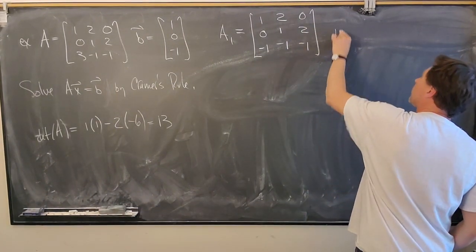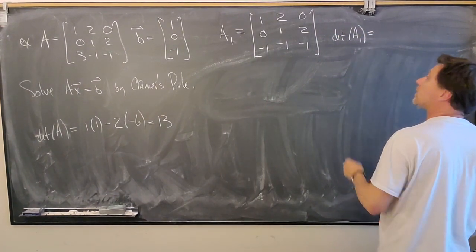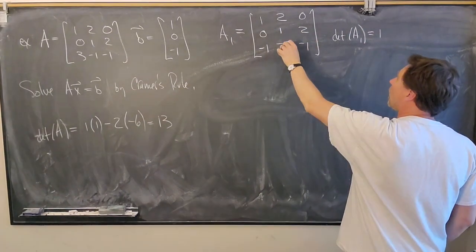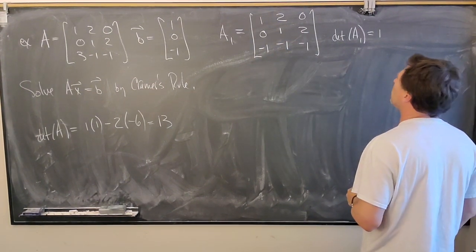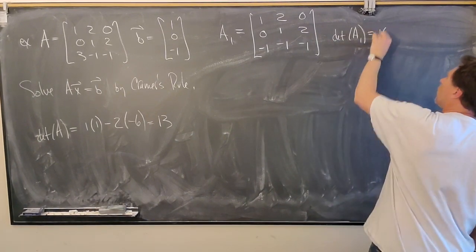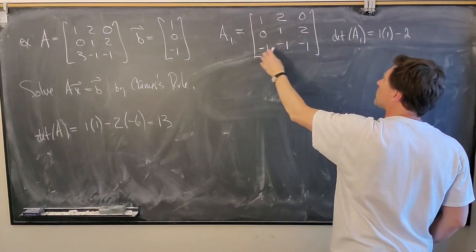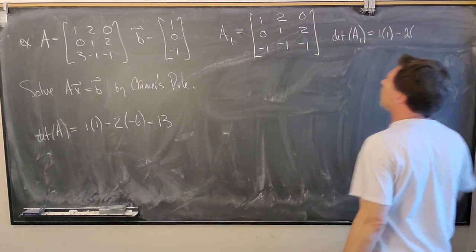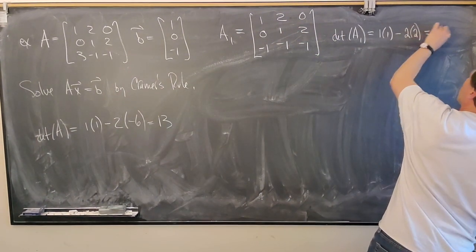I compute its determinant. The determinant of A1 is going to be a 1 times negative 1 minus a negative 2, so that's negative 1 times 1, minus 2 times... no, something's wrong here. Minus 2 times positive 2. So that gives me a negative 3.